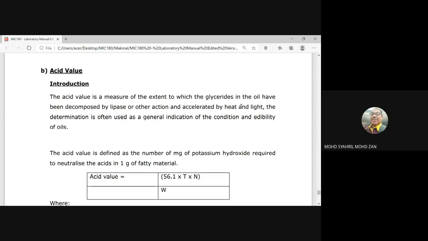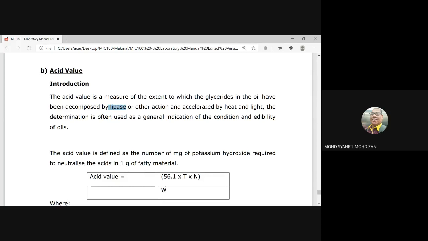The special enzyme inside our body, or commercially, is lipase, right? So lipase is one example of an enzyme. If you look back in the enzyme notes, lipase comes from the word lipid. So lipase can decompose or cleave our fatty acids or glyceride.